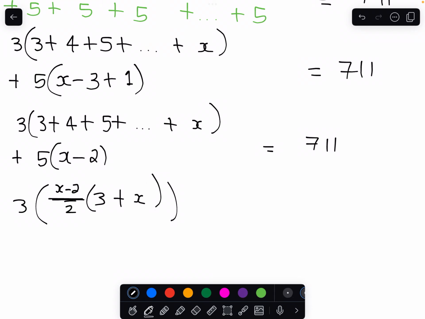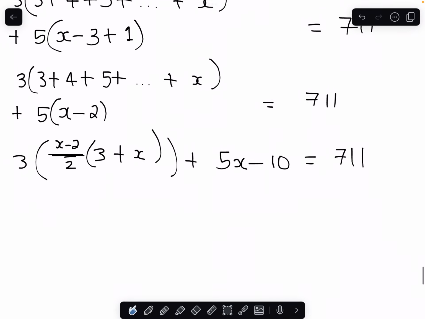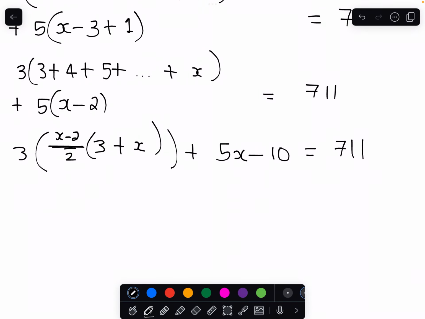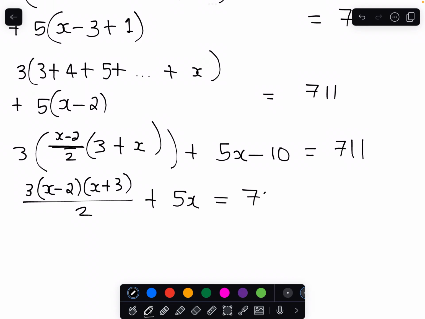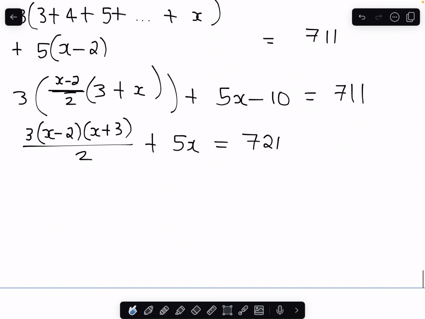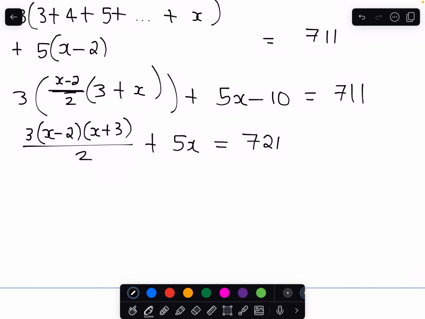I don't know if this is actually going to decrease any of our work, but anyway. Multiply out that second term, and then we have 3 times x minus 2 times x plus 3 over 2. Can move that guy to the other side, 721. And then we could multiply through by 2 if we wanted to, but anyway, let's multiply out that guy at the top.